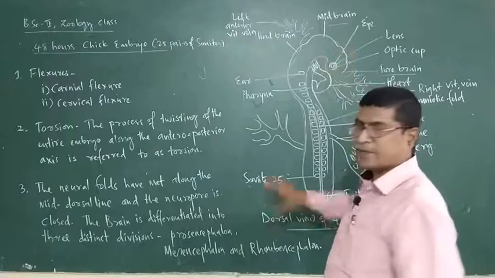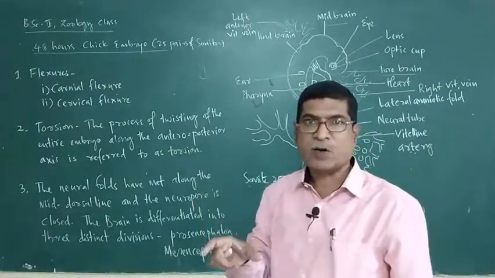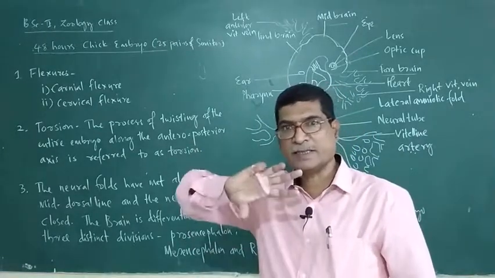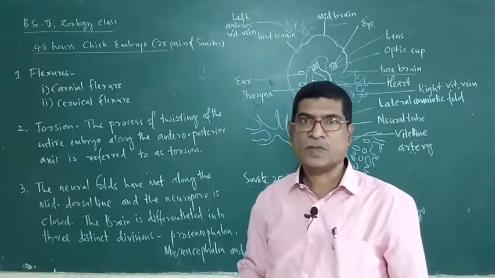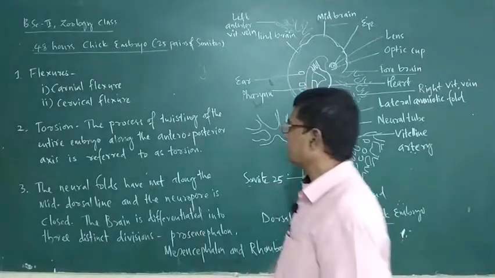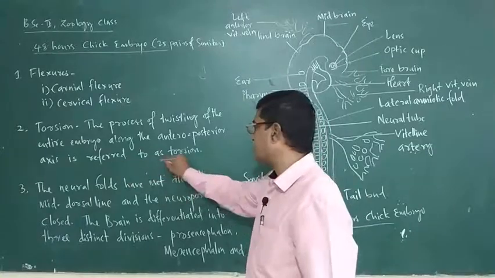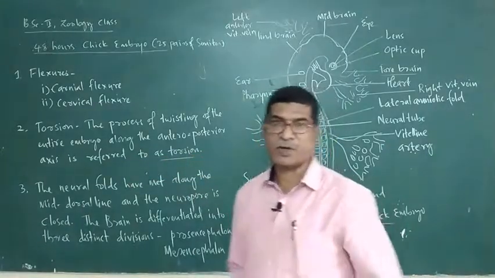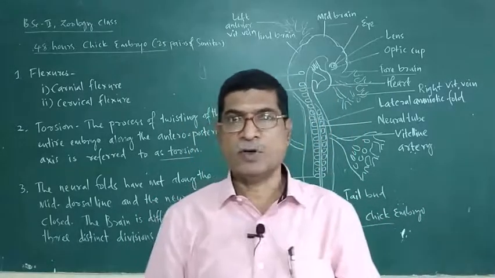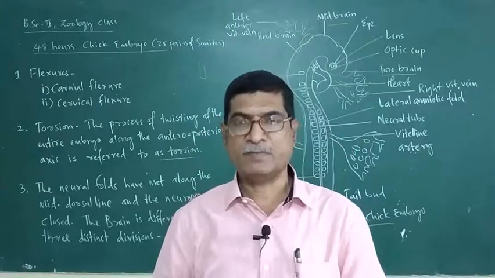The embryo is twisted. The anterior part of the embryo is twisted along its anterior-posterior axis. It is twisting on its right side. This is called torsion. Because of the torsion, the embryo appears to be inverted J shape.